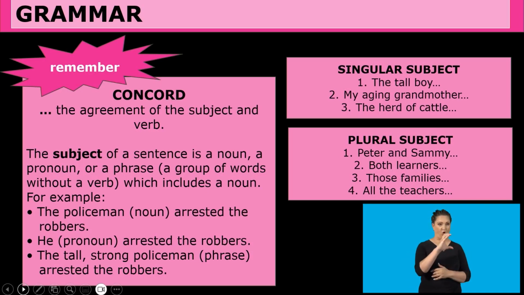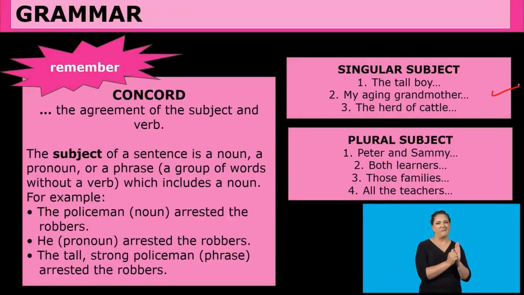Now, moving on to concord. All right, remember, concord is the agreement of subject and verb. Okay, now we can have your pronoun also included in concord, all right? Don't miss that. So let's quickly look at singular subjects, which is this little block there. The tall boy, can you see there's only one of them? My aging grandmother, one. Now here is where a little nick comes in.